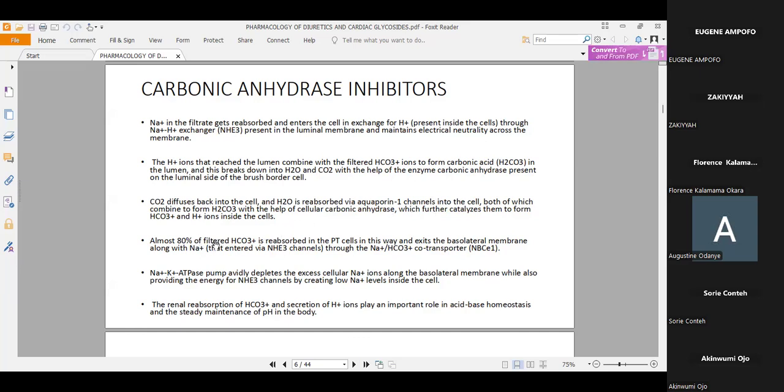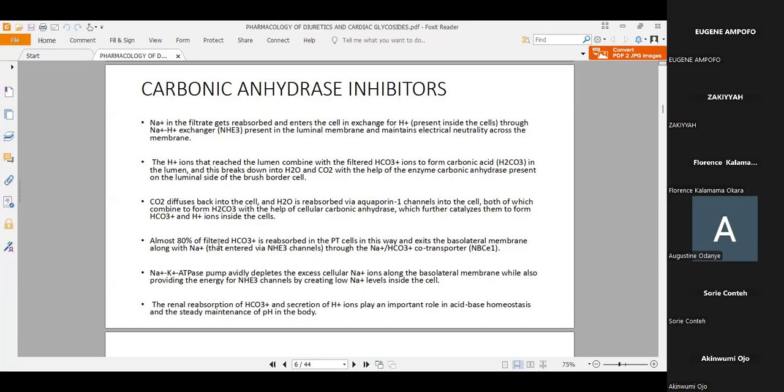Then almost 80% of the filtered bicarbonate is reabsorbed in the proximal convoluted tubules in this way. And this exits the basolateral membrane along with the sodium ion through the sodium bicarbonate co-transporter.